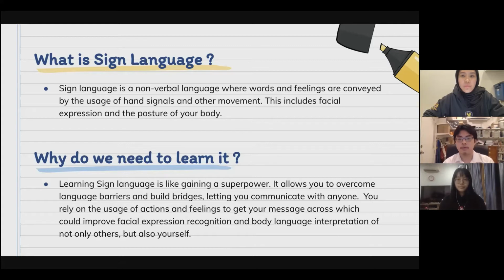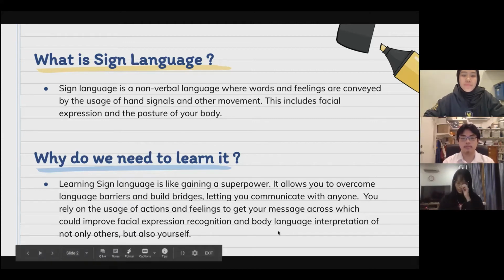You use actions and feelings to get your message across. And also you can use it to communicate with people who are deaf. And learning sign language improves your facial expression recognition and your understanding of the body language displayed by not just others, but also yourself. So overall, learning sign language will improve your communication skills.